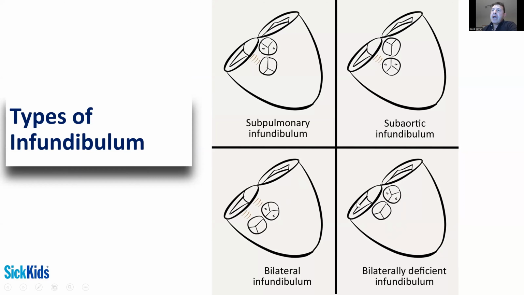You can have absence of the infundibulums when you have a doubly committed type defect, or you can have either the pulmonary or the aortic valve on an infundibulum, but not the other. And typically, in the tetralogy of Fallot type DORVs, the aorta does not arise on an infundibulum, or if it does, it's a very short one.